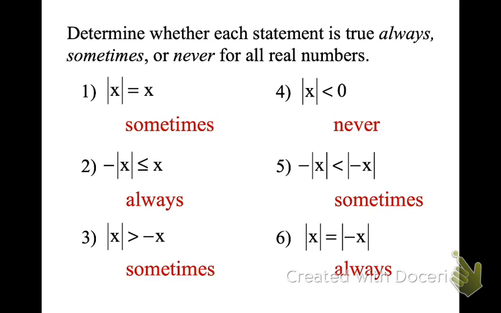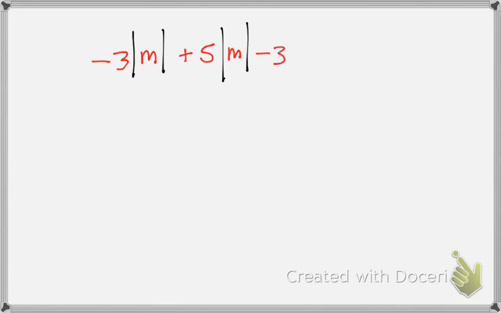think in the PowerPoint. So let's just do one here. Like number 44: negative 3 times the absolute value of m plus 5 times the absolute value of m, minus 3 equals 1.